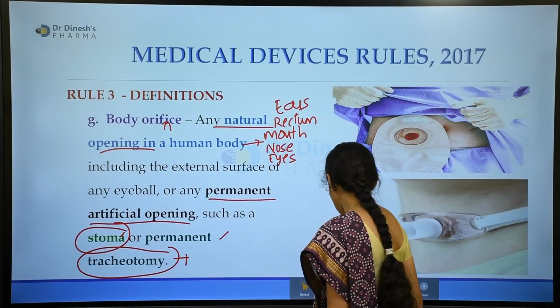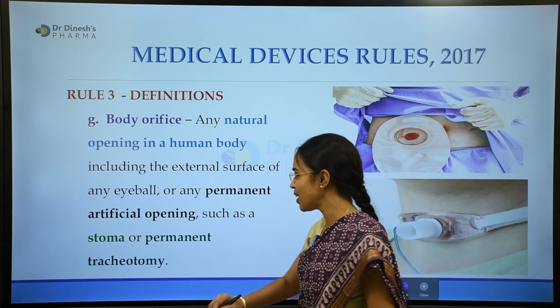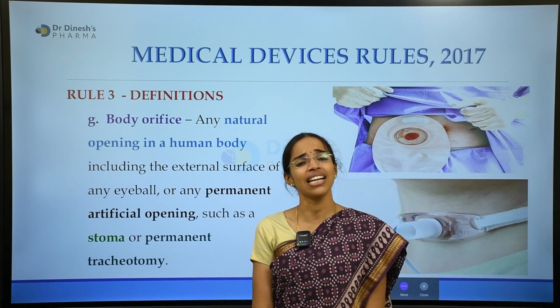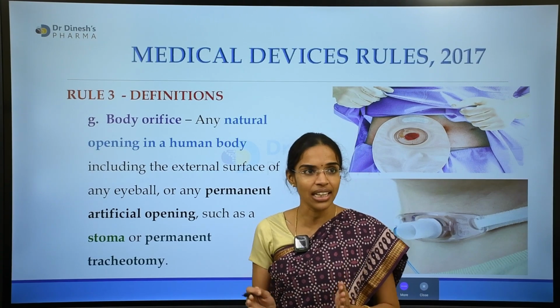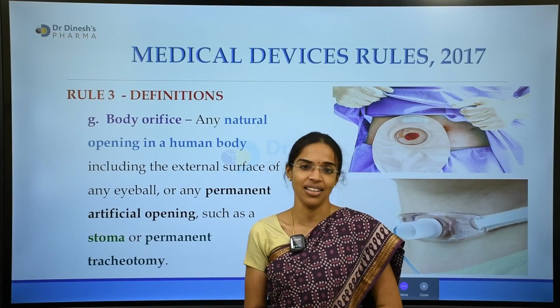So this is about the body orifice according to Rule 3 of MDR 2017. But why is body orifice studied here? What is the necessity of studying body orifice in MDR 2017? That is the important question here.